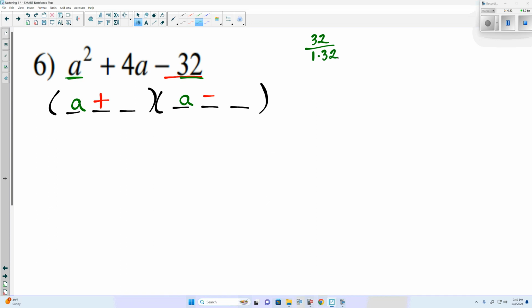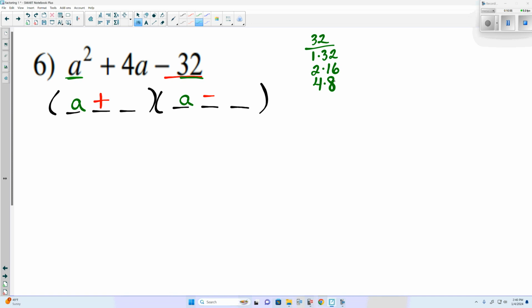But one of the factors of 32 is 1 and 32. We also have 2 and 16. 3 is not a factor, but 4 and 8. 5 is not a factor of 32. 6 is not, and that's kind of exhausted the list. The 7 doesn't work also.